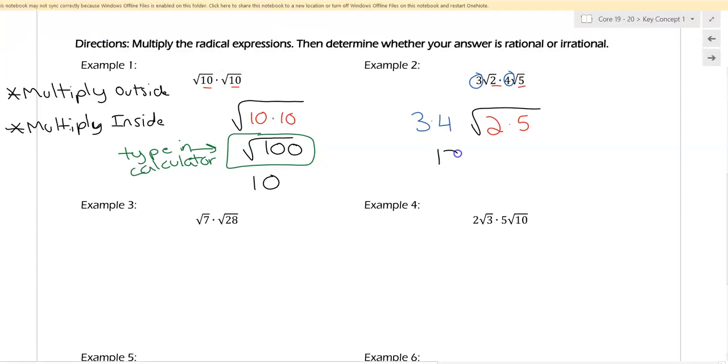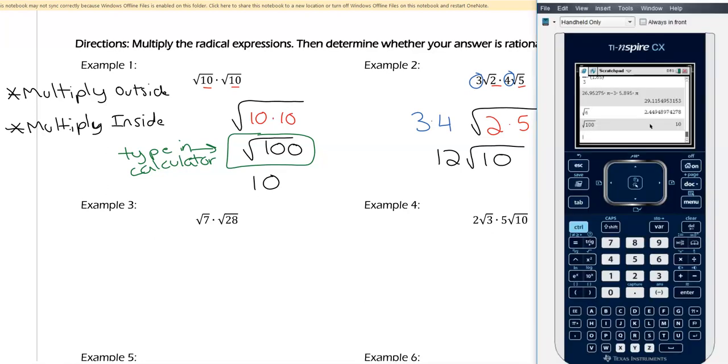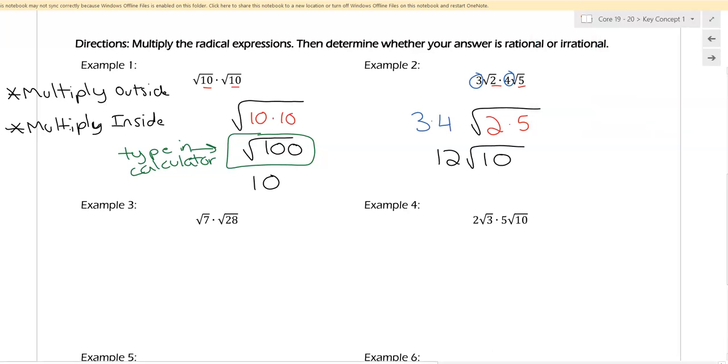Three times 4 is 12, and 2 times 5 is 10. I want to check if I can simplify the square root of 10. I get a horrible decimal. It cannot be simplified into an integer, so I'm going to leave this as my answer.